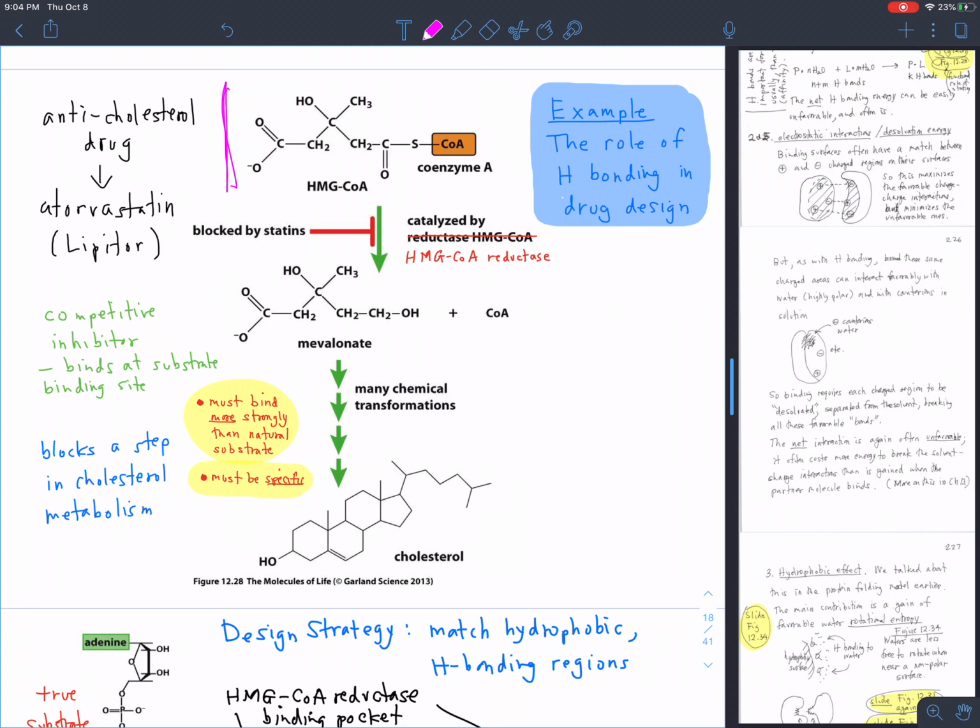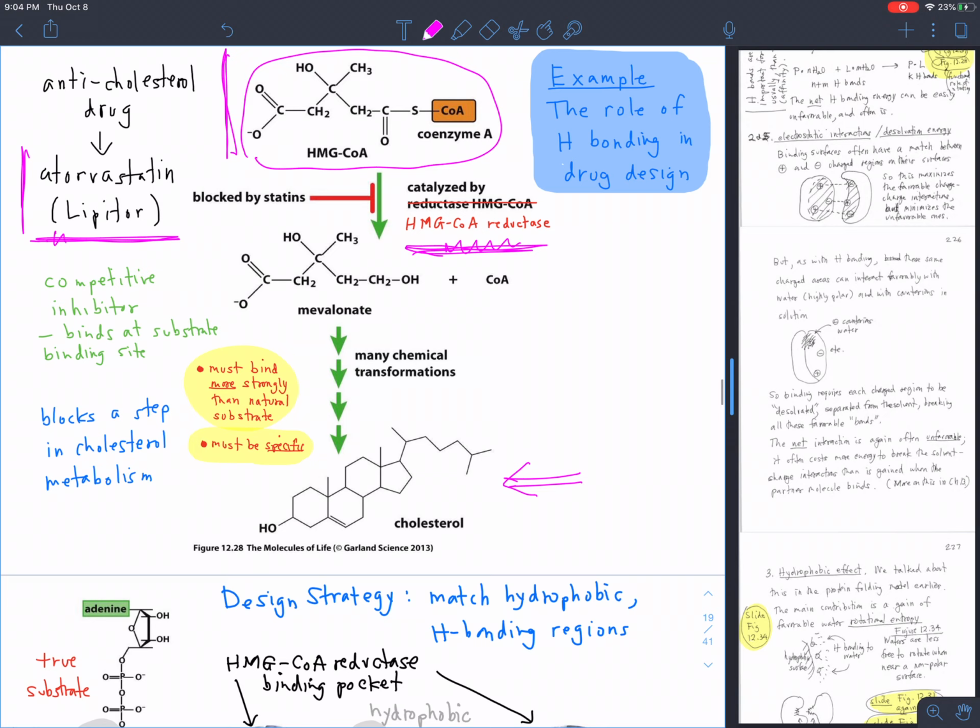There is a step in the pathway to produce cholesterol that is carried out by an enzyme called HMG-CoA reductase. And there is a drug, a competitive inhibitor for HMG-CoA reductase, basically this drug, atorvastatin or Lipitor, binds in place of this molecule, HMG-CoA, which is the natural substrate of HMG-CoA reductase.